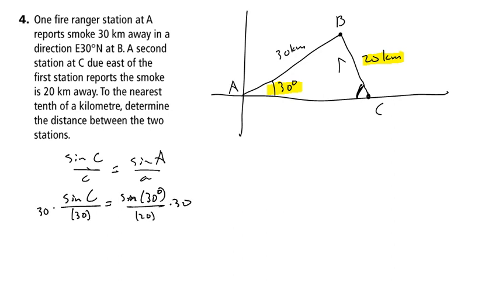So we multiply both sides by 30, and that gives us sine C equals approximately, actually exactly, 0.75, which means that alpha equals approximately 49 degrees.